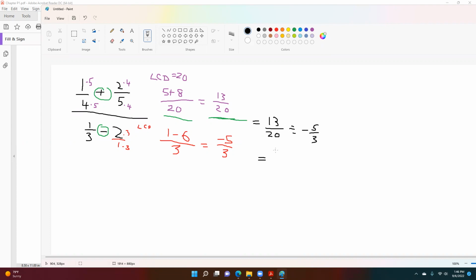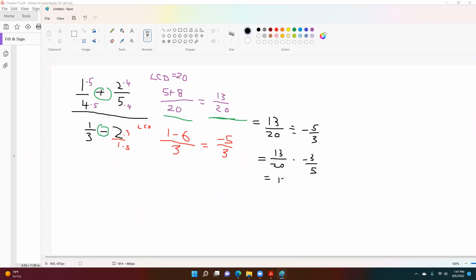Then you change the division to multiplication, and you flip the second fraction. And then you simplify this.